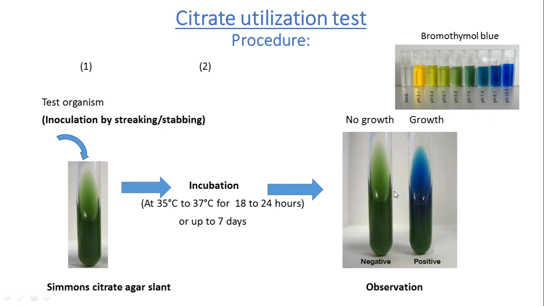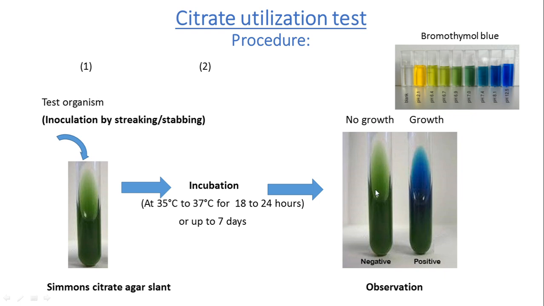If the organisms are able to utilize citrate, we see a blue color change over the surface of the slant, and we can also see the growth of organisms.